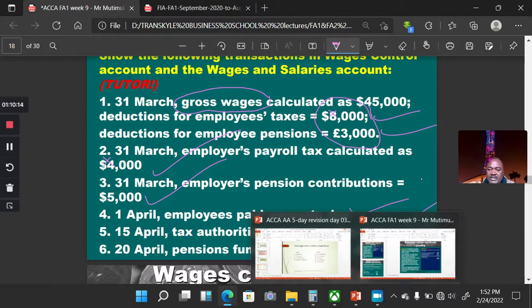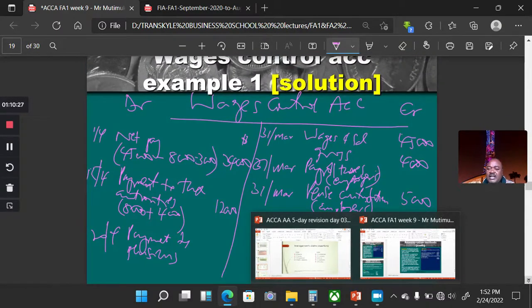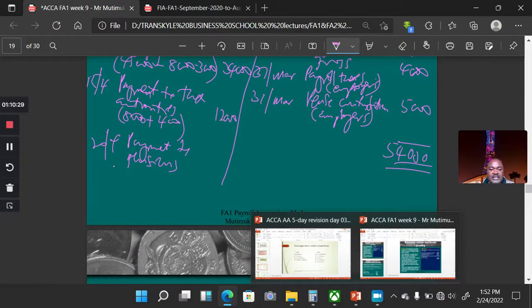We paid 3,000 as well as 5,000. Remember this side is for both the employer and the employee, so 3,000 plus 5,000, we get a total of 8,000. So we have to totalize both sides.